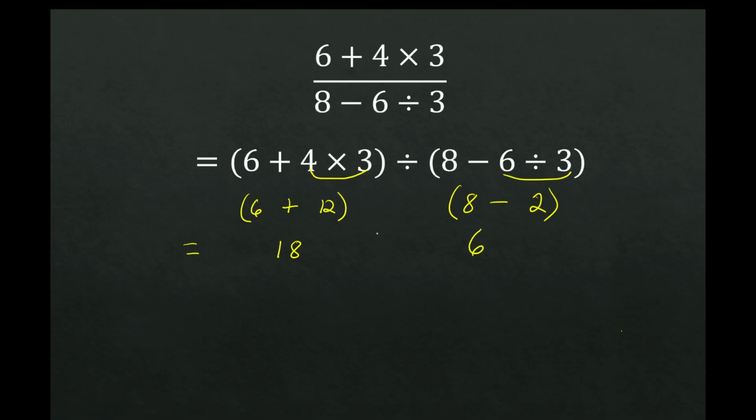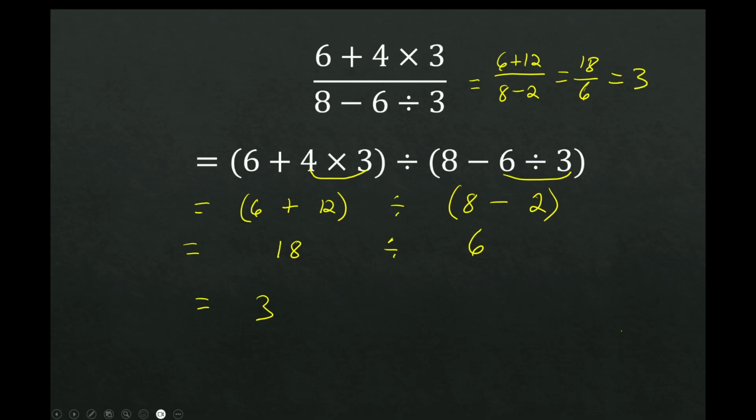And then we'll end up in the end getting 18 divided by 6, which is 3. Now, if we left it the way it was, we would have gotten the same thing. We would have gotten 6 plus 12, 8 minus 2, and then 18 over 6, which is the same thing as 3. So you can think about it either way.